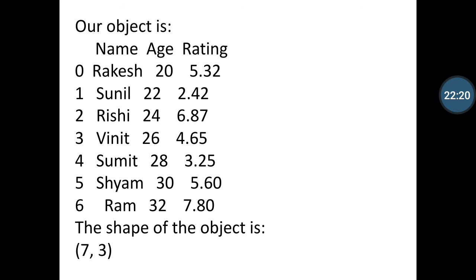You can see in the slide the name, age and rating, and the index numbers are also defined here, 0 to 6, with the corresponding names, ages and rating numbers. The shape of the object is returned as output: 7 rows and 3 columns, as per the dictionary data structure defined in your code.